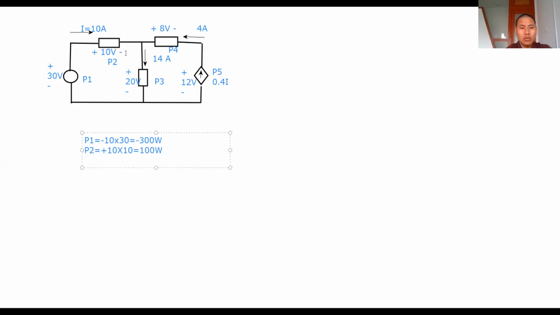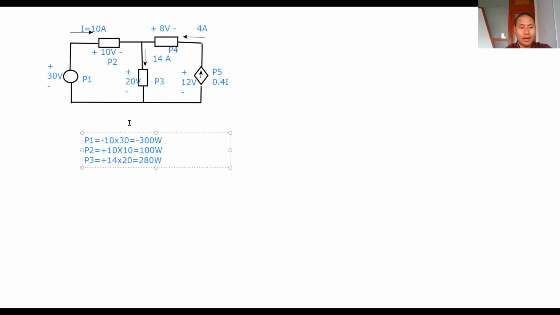Then to calculate P3, in this branch it is 14 ampere moving from plus to minus. So we have plus 14 times 20 volt, which is 280 watt.